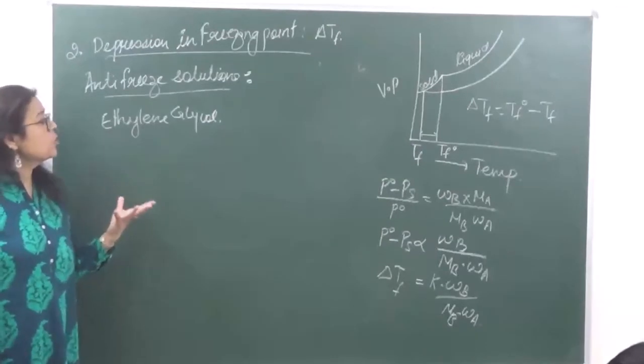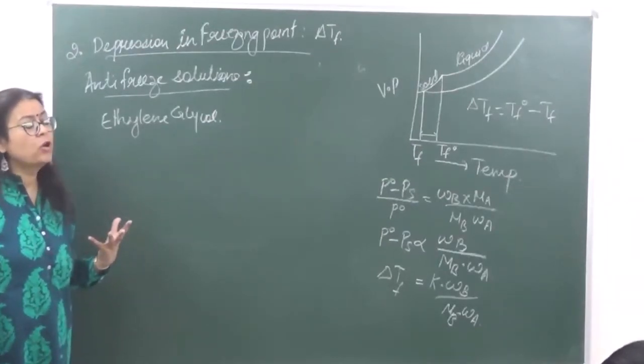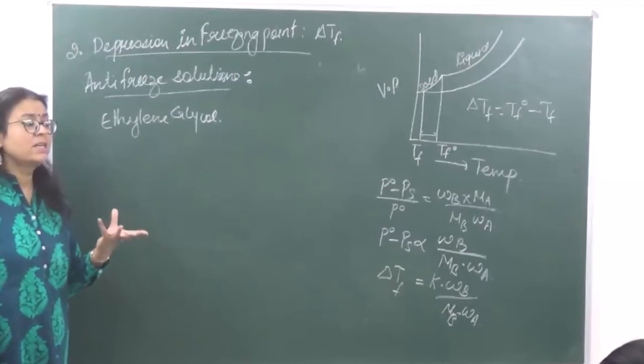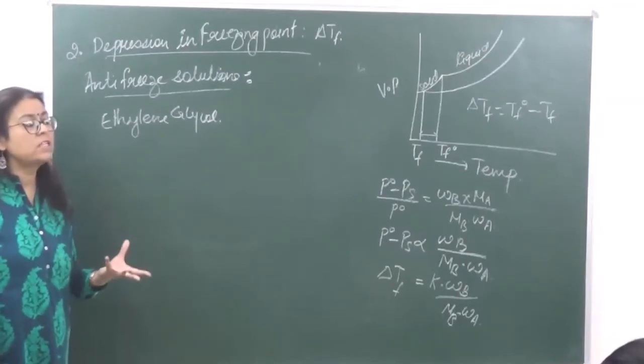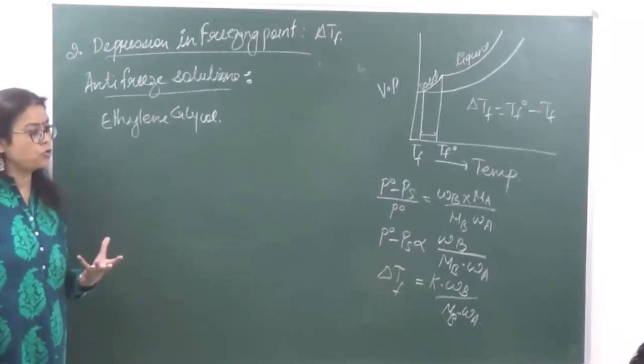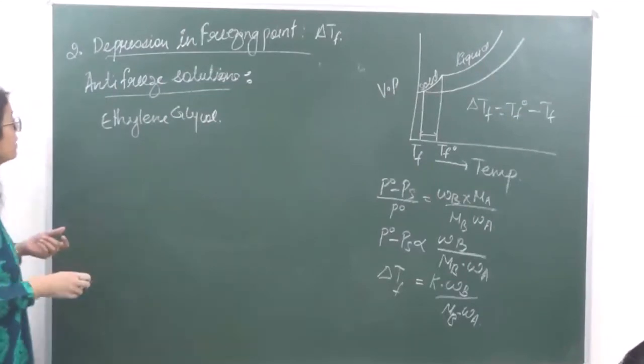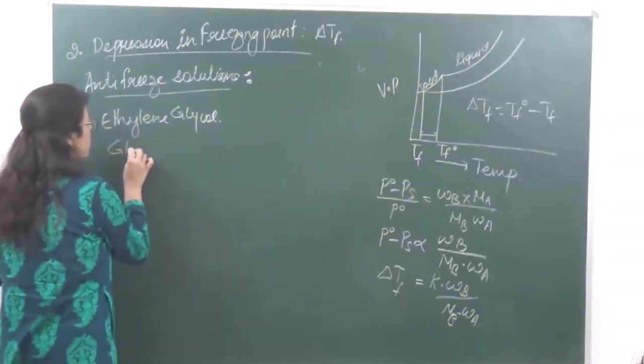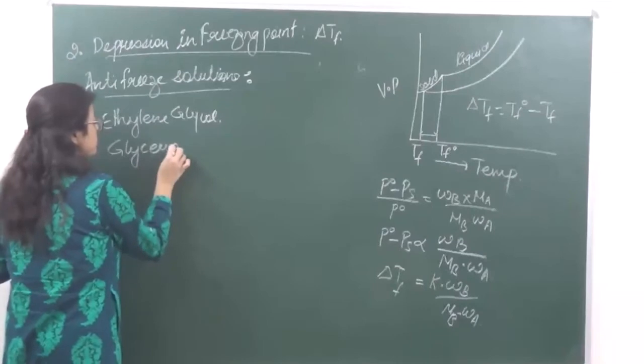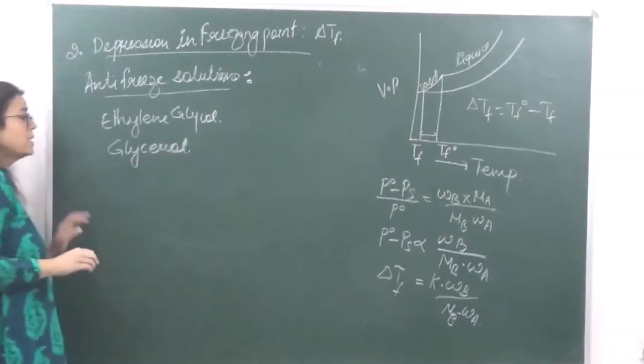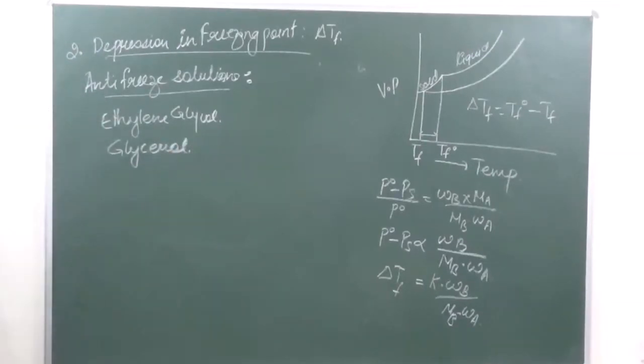By increasing the concentration of ethylene glycol, we can get the desired freezing point of that particular solution. Another antifreeze solution which we can use is glycerol.